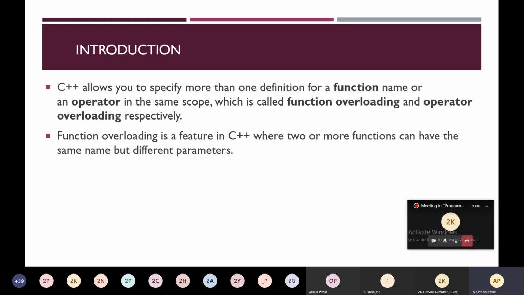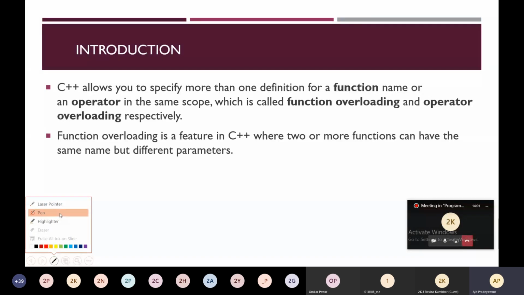Function overloading is a feature in C++ where two or more functions can have the same name but different parameters. What is function overloading is, in your code you will have a particular function name for different functions.